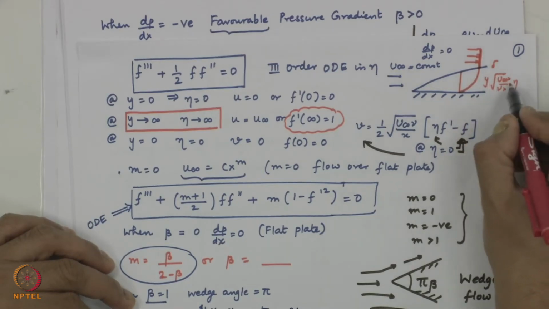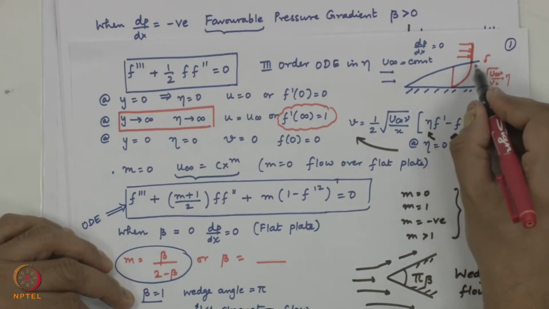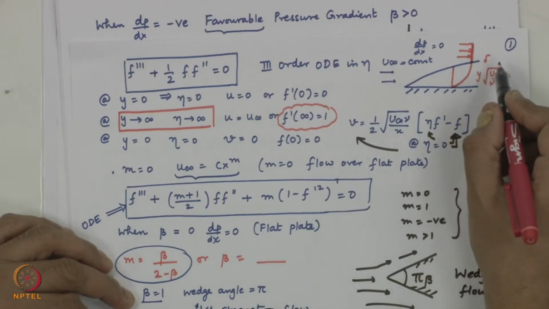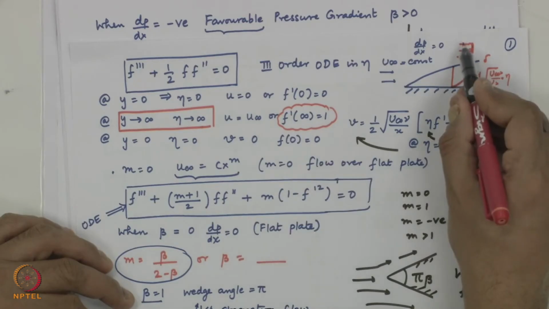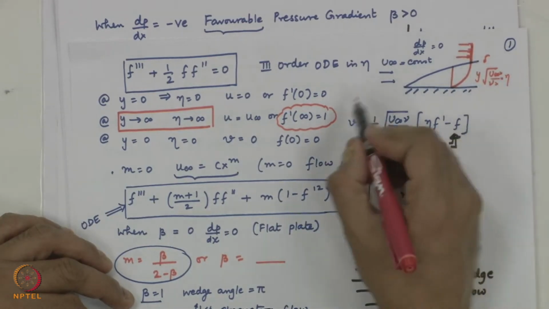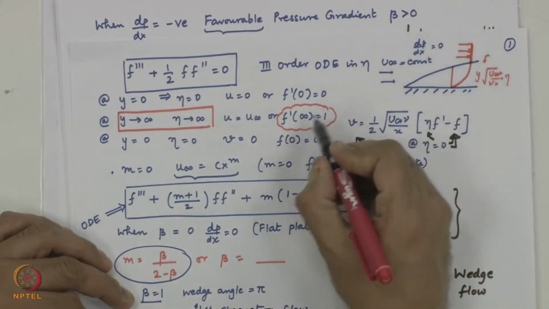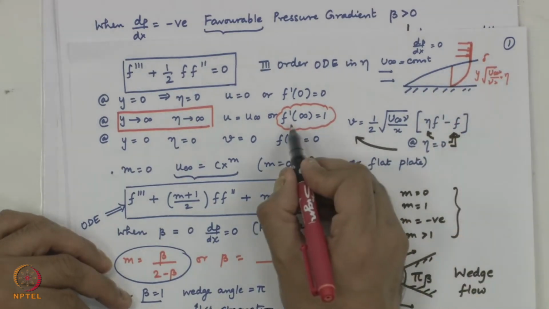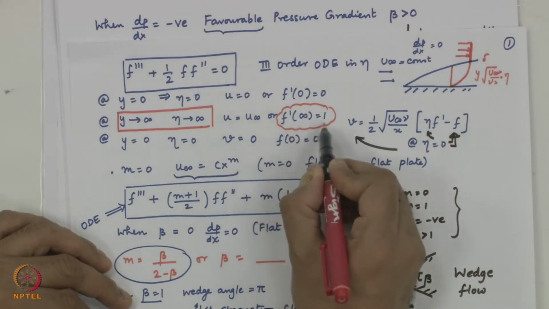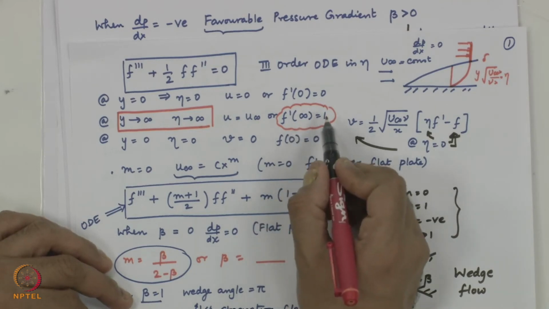So, beyond eta equal to that value, u is equal to u infinity, that means f prime at this value and beyond is 1. So, that value where u infinity is reached for the first time is chosen as that so-called infinity. I hope this is clear.